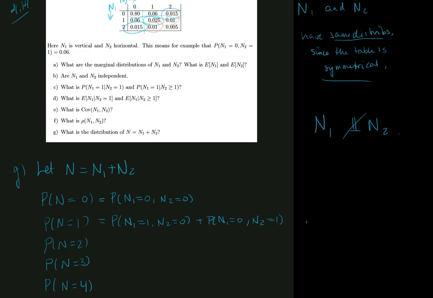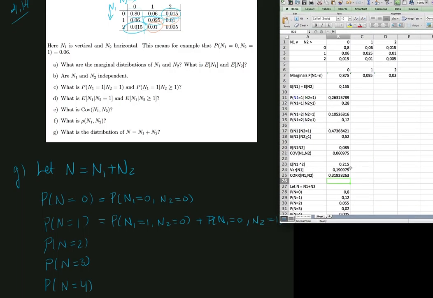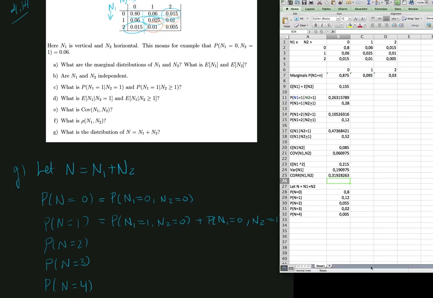So let's take a look at the answers in Excel. What we see here, you can see how I have calculated the different probabilities of N. So the probability that N is equal to 0 is just 0.8.